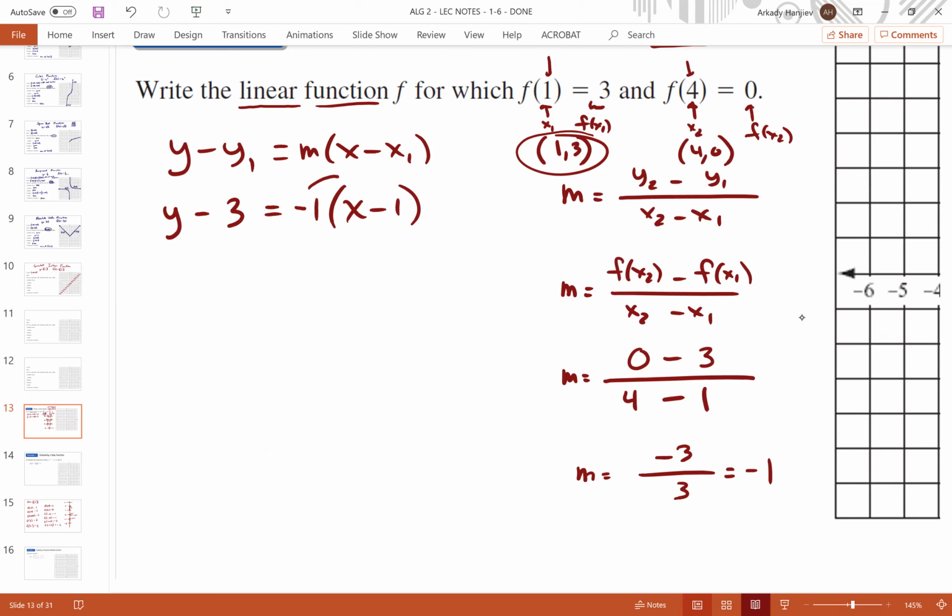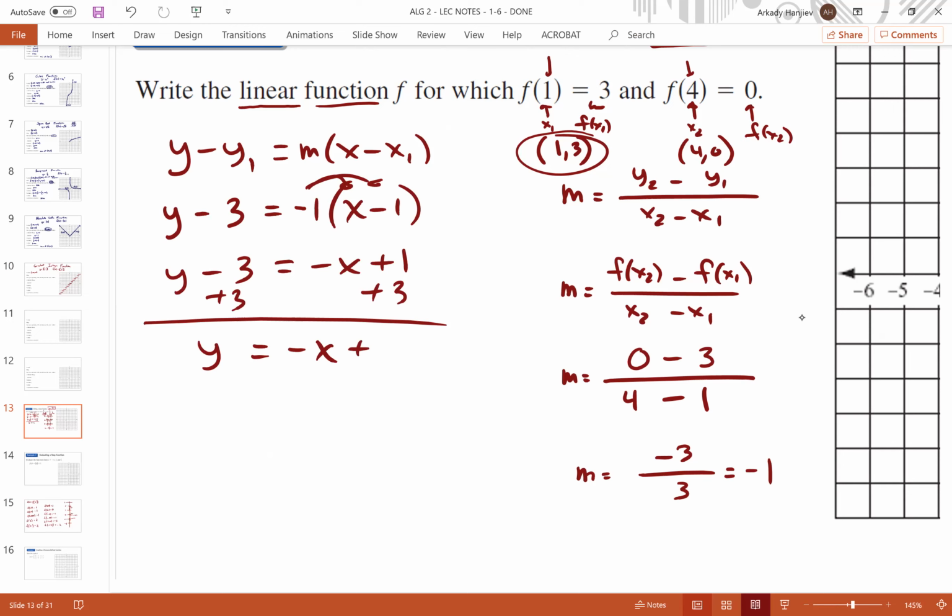Let's see, we distribute the negative 1, so negative x plus 1. Then we add 3 to both sides, and we get negative x plus 4. There it is. Before we learned about functions, that was our linear line.